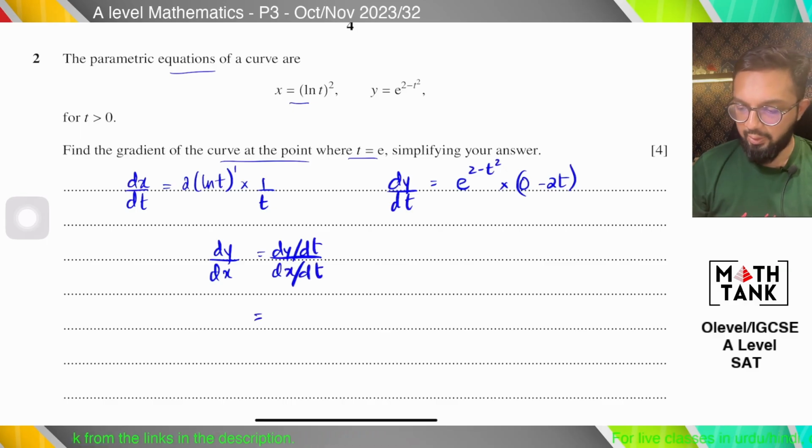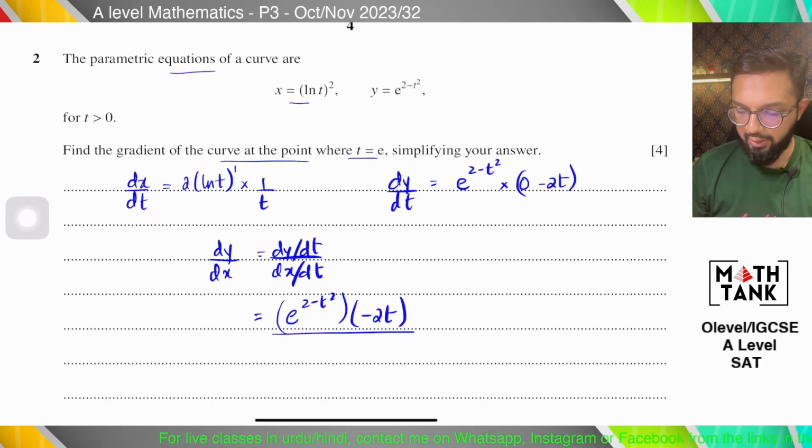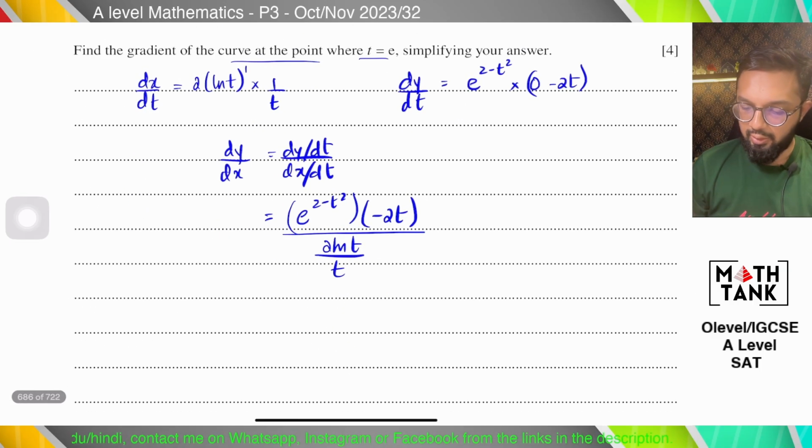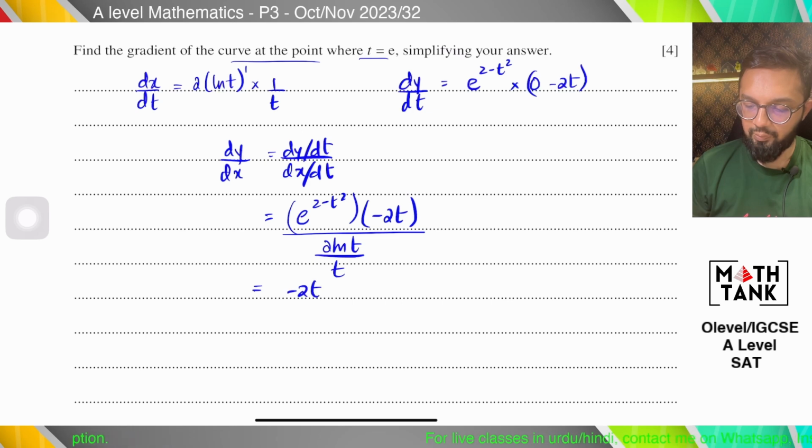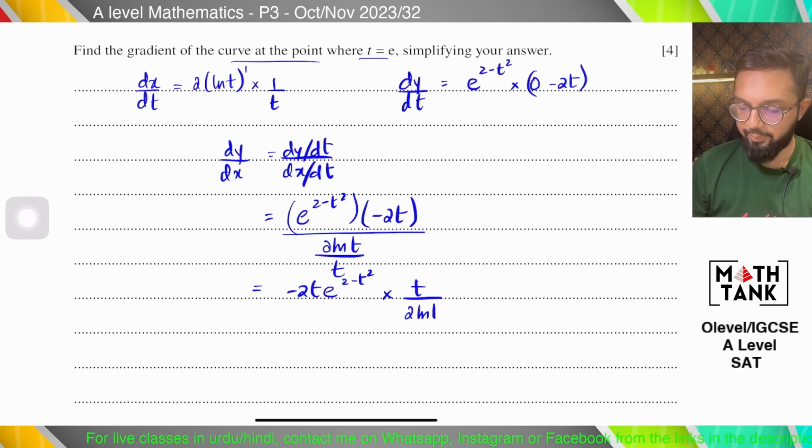That gives me e power 2 minus t square into minus 2t divided by 2 ln t over t. Then I can say that this is e power 2 minus t square into minus 2t, written simply, multiplied by t over 2 ln t.